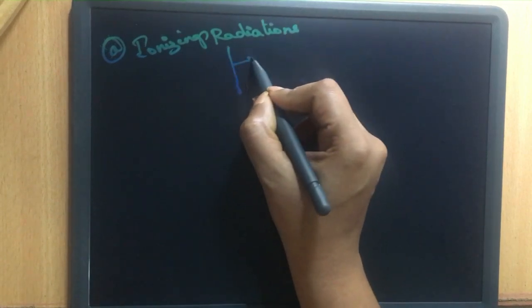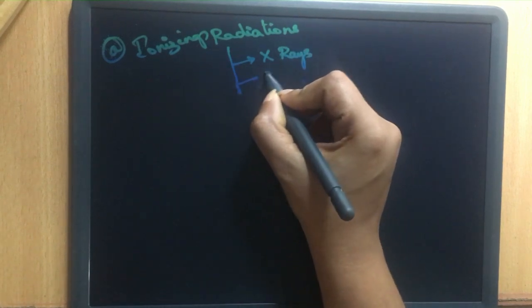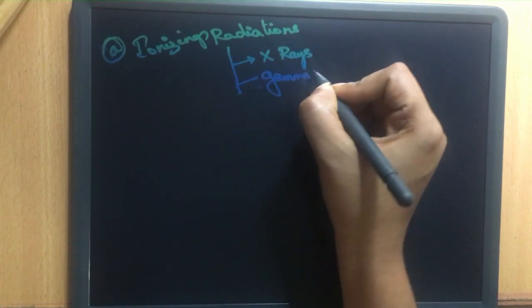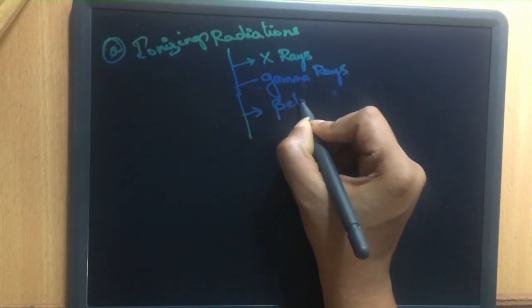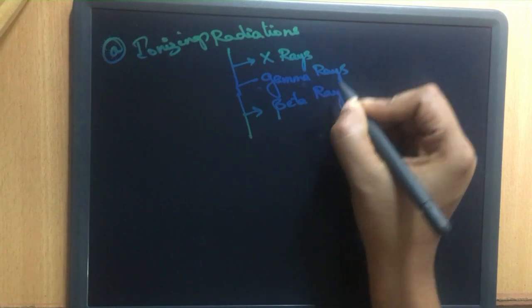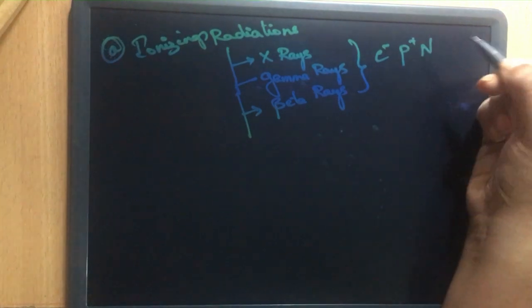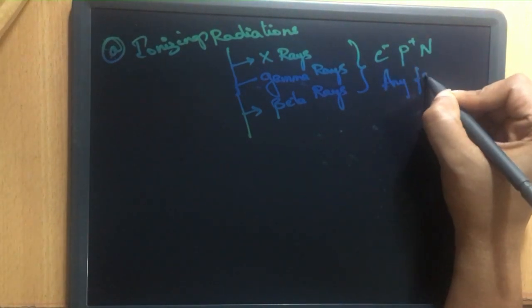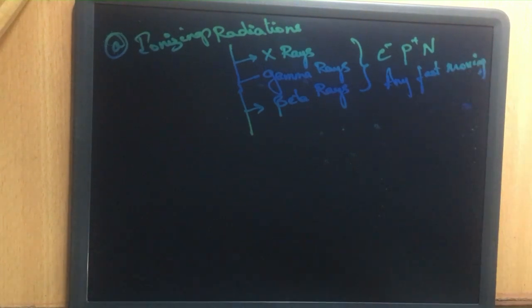These radiations mainly include X-rays, gamma rays, beta rays, where different elements like electrons, protons, neutrons, or any fast moving energy molecule can trigger the radiation, which in turn induces the mutation.